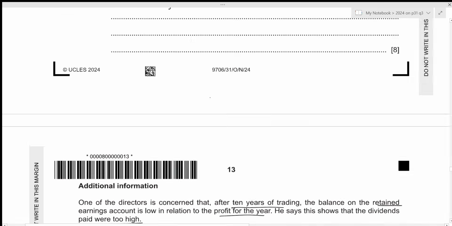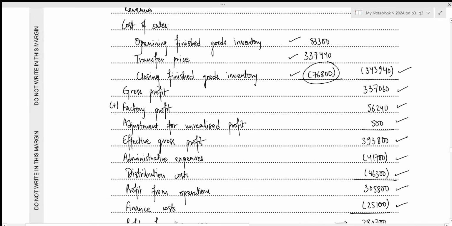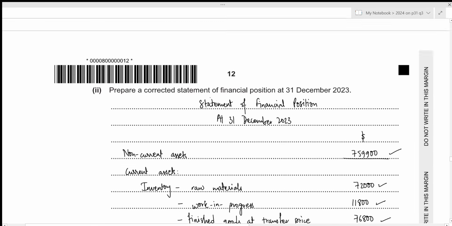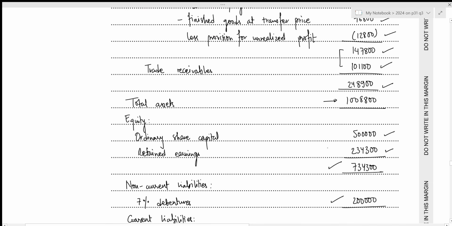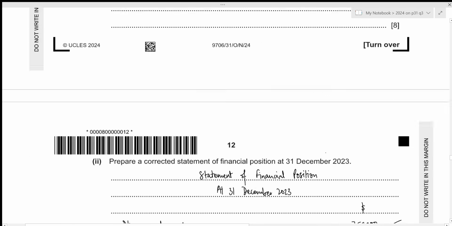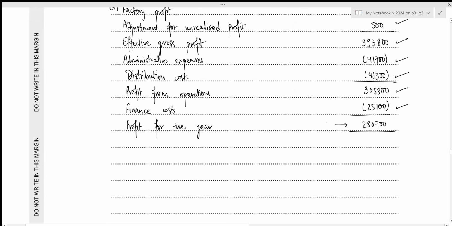Okay. So the first thing we need to do is compare the value of our retained earnings to the profit. So we can see that the retained earnings is 234,300, whereas our profit for the year is 280,700.